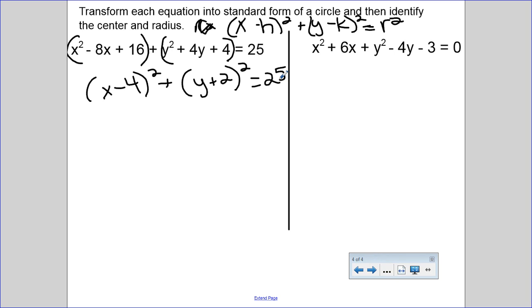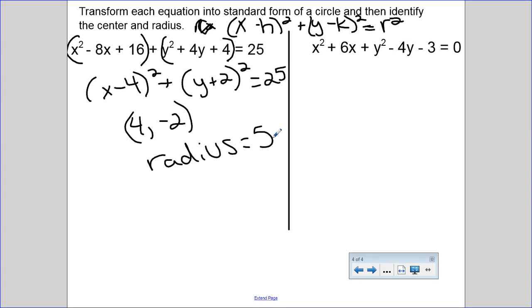Well, look at that. What is my center? This is x minus h, so my center is 4, negative 2, because if I had a minus, it had to be a minus and negative to get positive 2. And my radius, square root of 25, 5.